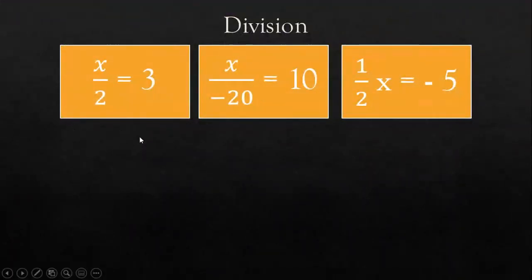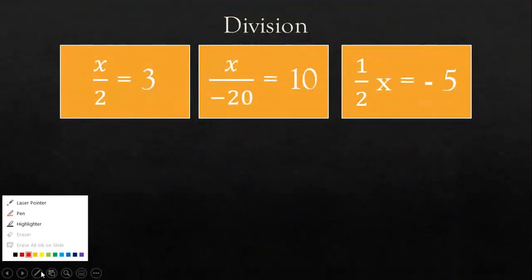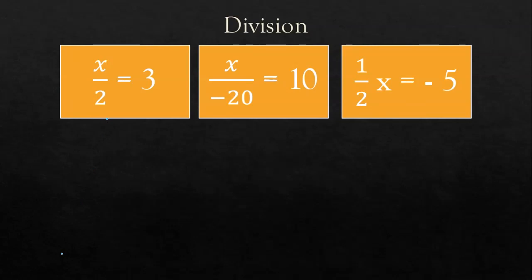Okay, so again, we're looking at our x, or our variable. In this case, I've continued to use x because I find it less confusing for students. So we have this x on the top, and we're going to ask ourselves, what is happening to it? Well, there's a 2 on the bottom here, and I know when I have something laid out like this, this line here indicates division.